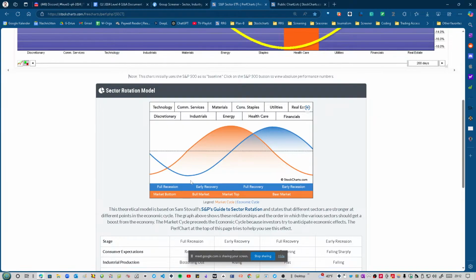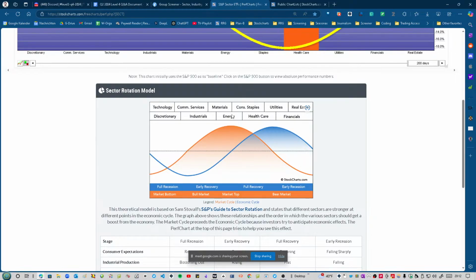You also see the blue line is the economic cycle, like our real market, and the orange line is the stock market, the market cycle, and the market cycle is 6 to 12 months ahead of the economic cycle.